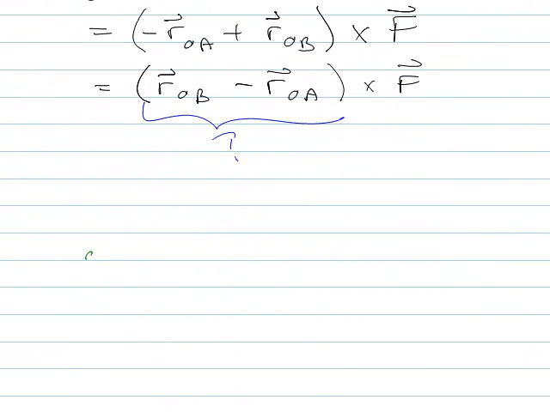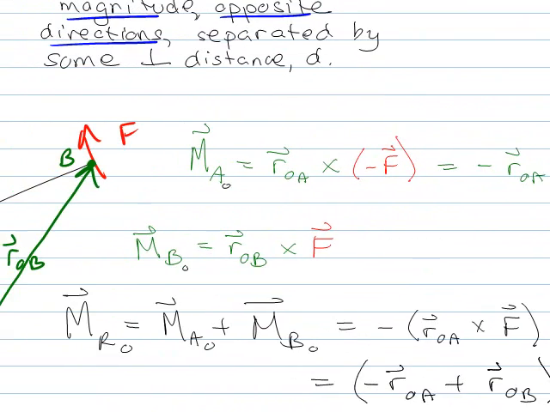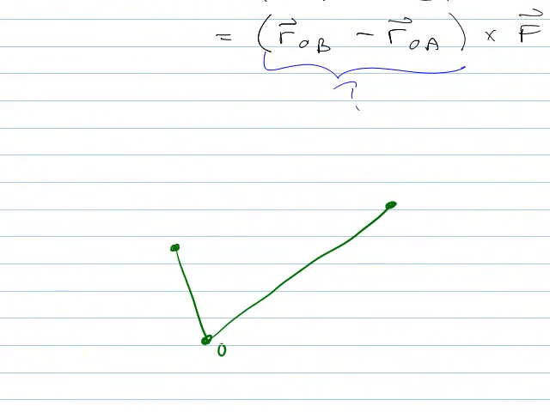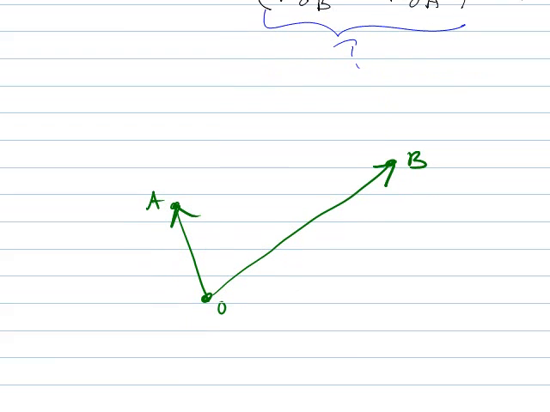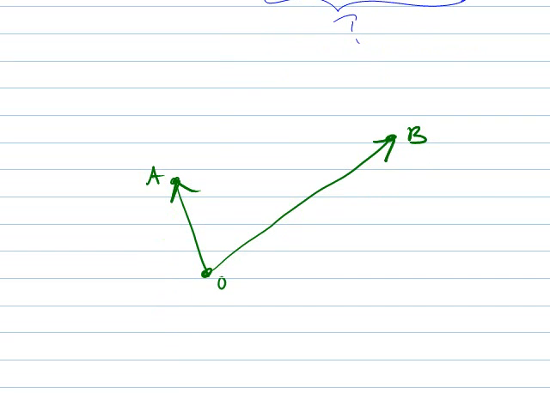Let's take a look again. If I have an O and an A, this is a formula you actually should know, but I'm pretending you don't. That one was our A, and that's our B. So if I have R from O to B minus R from O to A, how are those two things related?